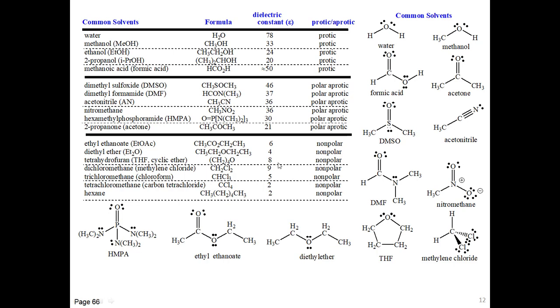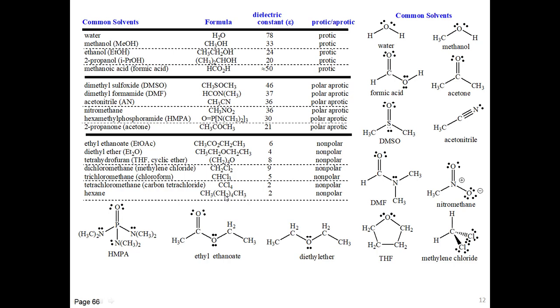And then down here I have solvents that are not very polar. They're all dielectric less than 15, and there's no OH. So these are just nonpolar solvents. So you might think that's not a good thing, but there's lots of molecules that react that are nonpolar. And so these types of solvents will help dissolve them. And think of cell membranes.